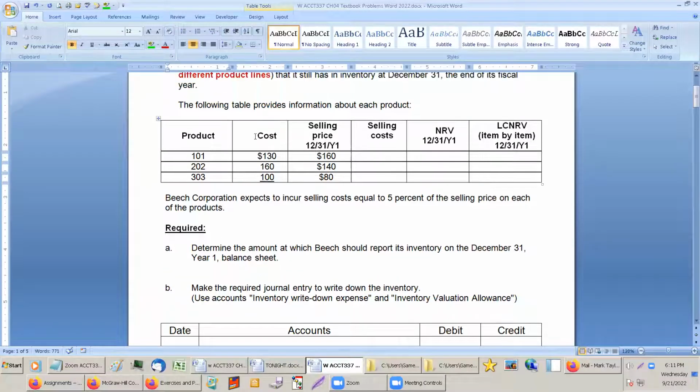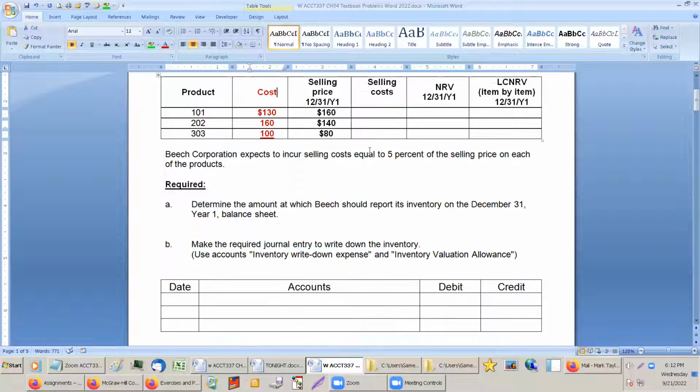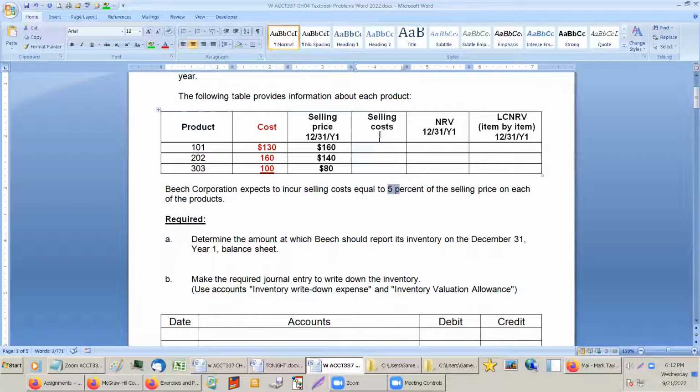Okay, and so here's the cost. This is what they paid for them. Here's the selling price. And we still have to find the selling cost. So this is 5% of the selling price on each product. So you multiply each of those by 0.05.